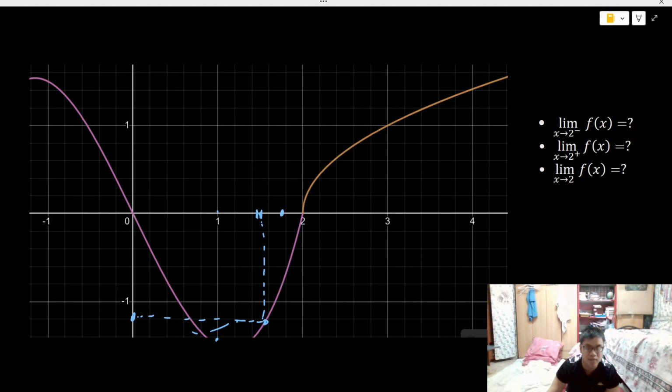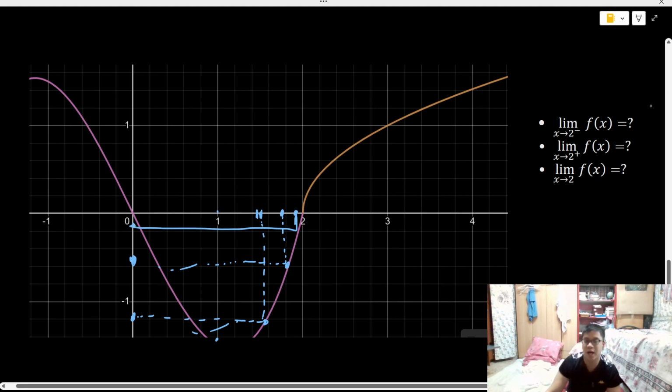Let's just say 1.75. If this is 1.75, you are actually exceeding further negative 1. So it's actually midway to negative 1 and 0. But if we get closer to 2, just like this, it gets to 0.